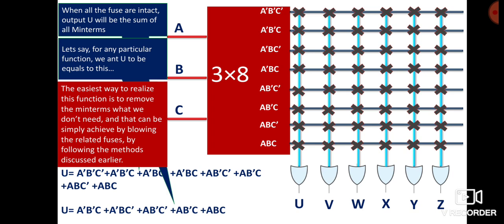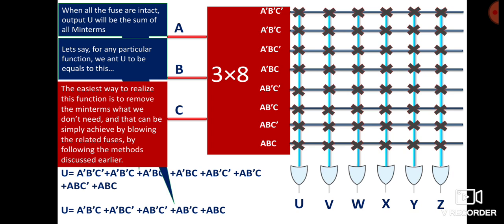I have not told you earlier that all the connections we have made here are made with the help of fuses. And those fuses may be blown by applying specific voltages. If I provide a certain voltage to the particular fuses I don't want, then those fuses will blow and the connection will be broken. So this technique we use here just to get the desired output.